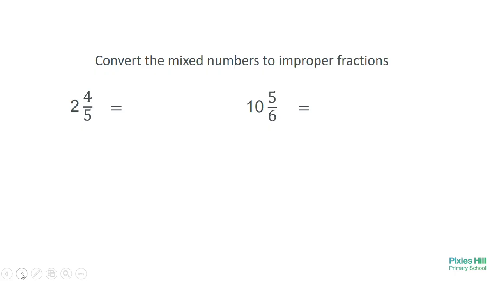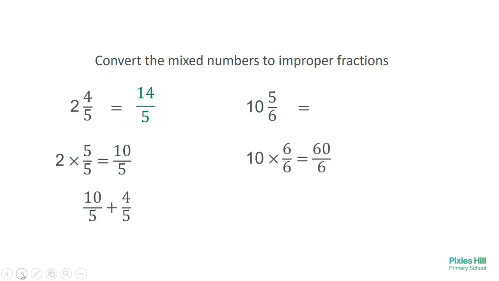In short, to convert a mixed number to an improper fraction, we multiply the whole number by the denominator and then add the numerator. So if we look at these further examples, 2 times 5 is 10, or 10/5. Adding on the numerator, which is 4, would give us a final answer of 14/5.